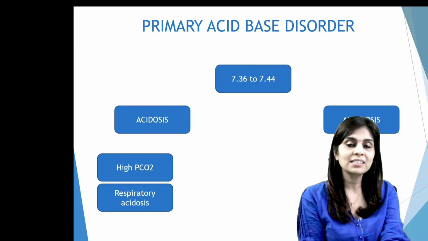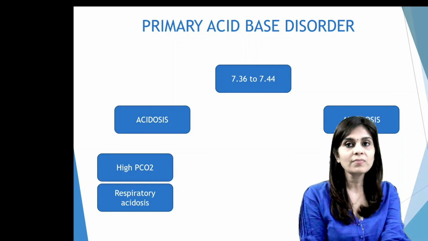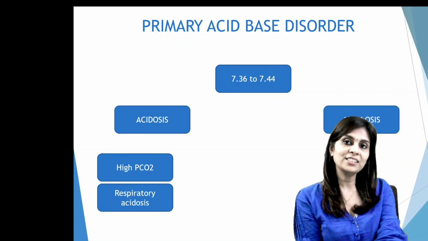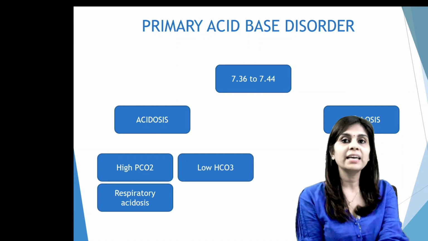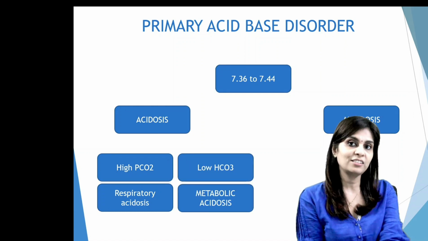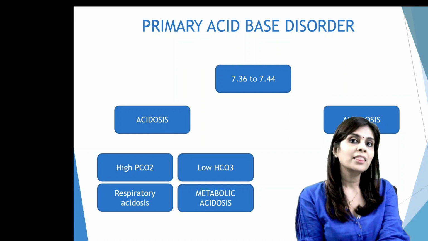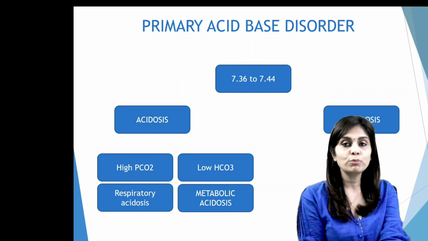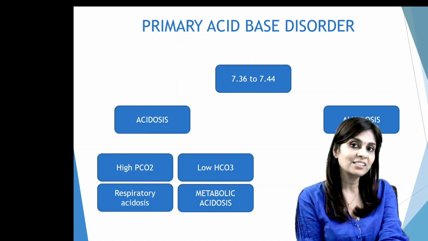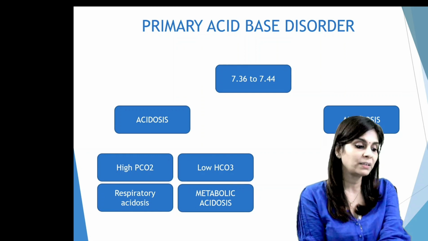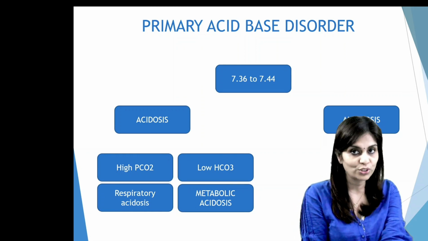So that's called respiratory acidosis. And if an acidotic pH is accompanied by a decrease in bicarbonate, that's called metabolic acidosis, because this means the buffer is missing. Buffer which is supposed to buffer acids is missing, so acids would accumulate causing acidotic pH, so that is metabolic acidosis.